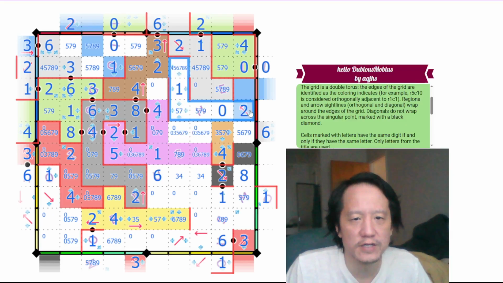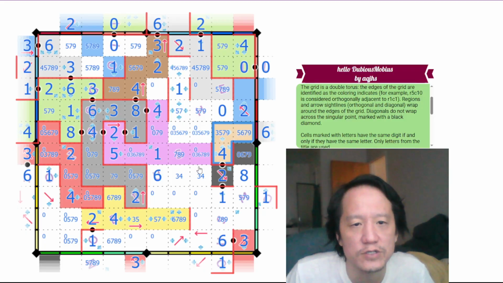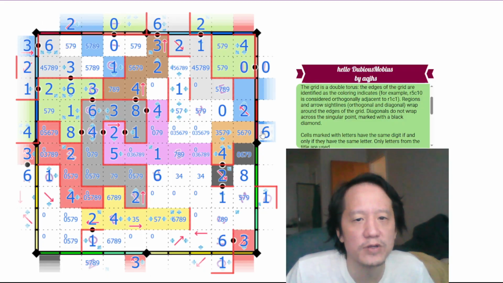I guess it could have been actually 9, 7, 8 here, but basically 9 is removed as a possibility for that cell. This sees 3, 5, 7, or 9 going here and here, so this must be the same region. So it could be light here.